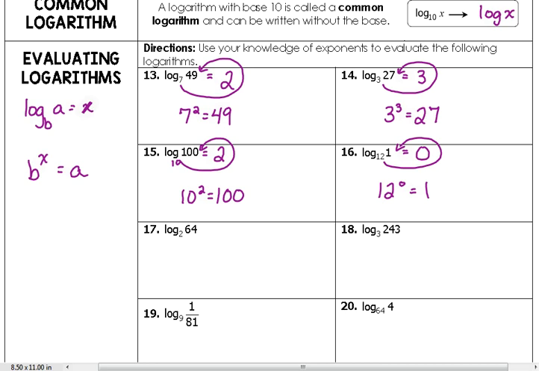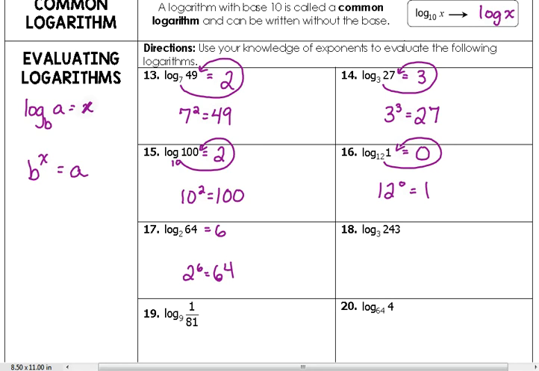How about number 17? The 6th. We had to do a little work to get that one because our charts only go to the 4th. 2 to the 4th is 16, so if we keep multiplying by 2, one more time we get 32. Multiply again, we get 64. 2 to the 6th is 64.